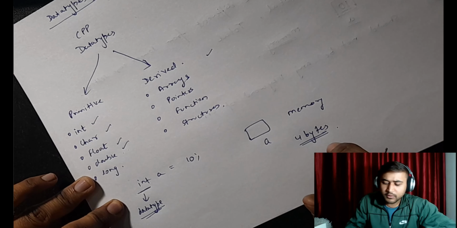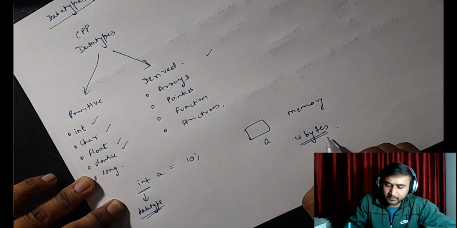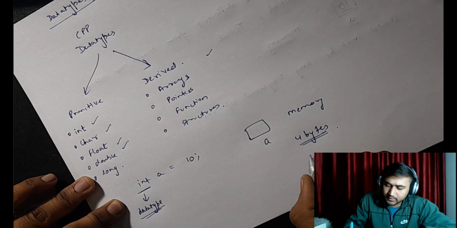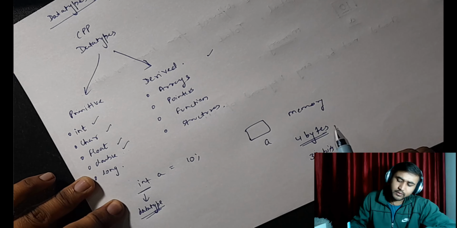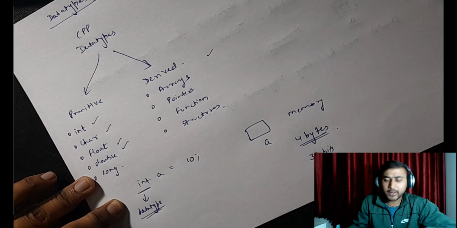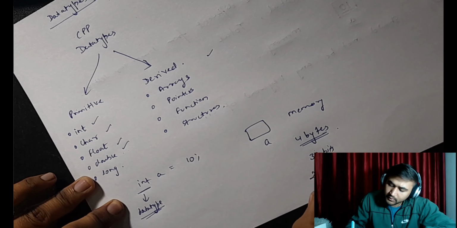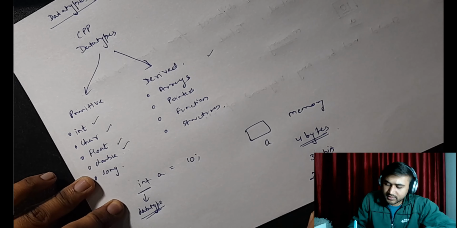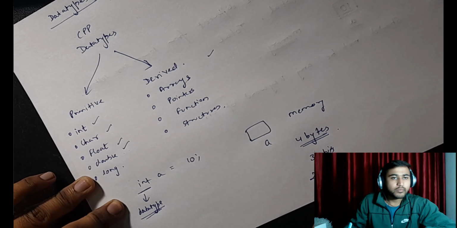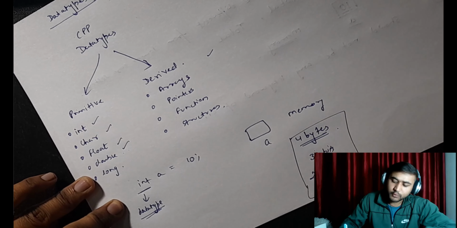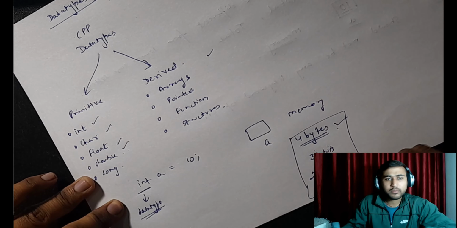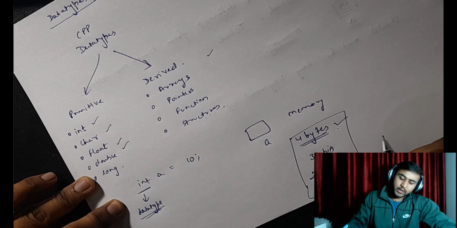If your compiler is 64-bit, then it will use 4 bytes, meaning 8 fours are 32 bits. And if you are using a 32-bit compiler, then it will use 2 bytes of memory, meaning 8 twos are 16 bits. So it is not mandatory that it will always occupy 4 bytes of memory. It depends on the compiler.